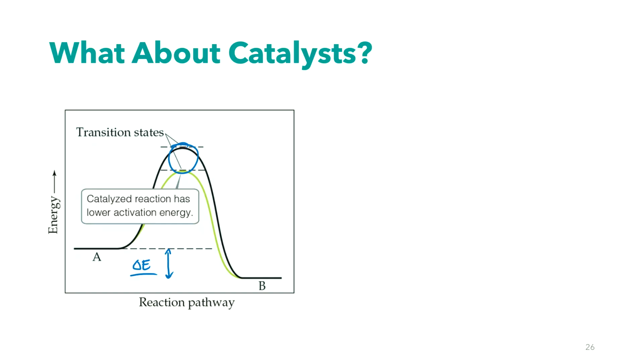Catalysts don't change my beginning and end products. And remember, we have written that K, big K, equals our frequency factors times e to the negative delta E over RT. A catalyst doesn't change that number.